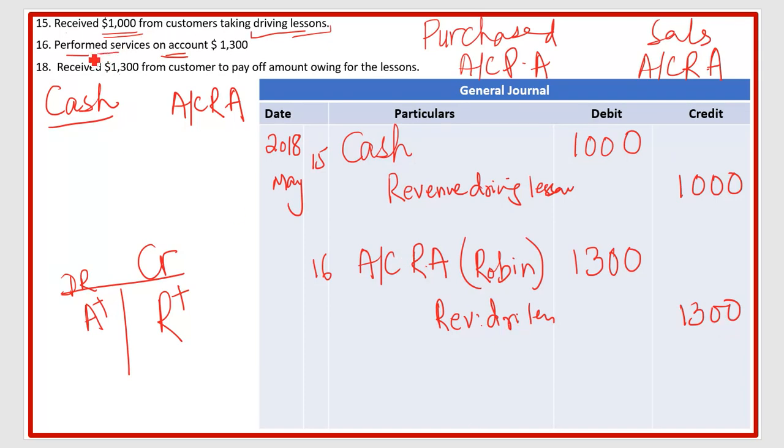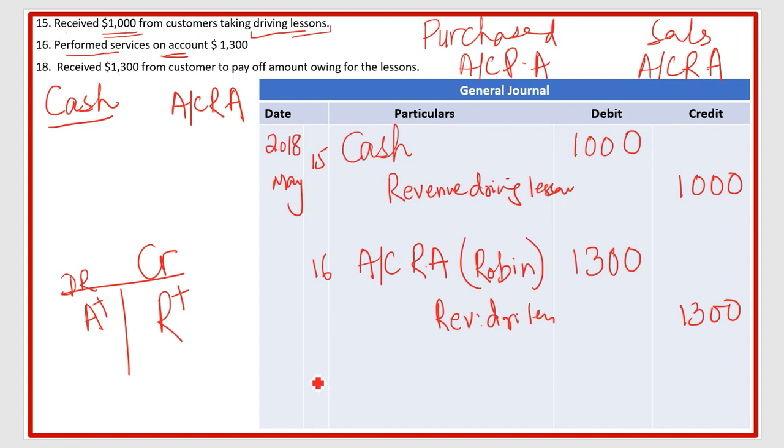Right? So where do you have to use accounts receivable? When you perform services on account. Keep in mind, for sales and for performing services, our credit is always revenue, which we will use in the income statement.